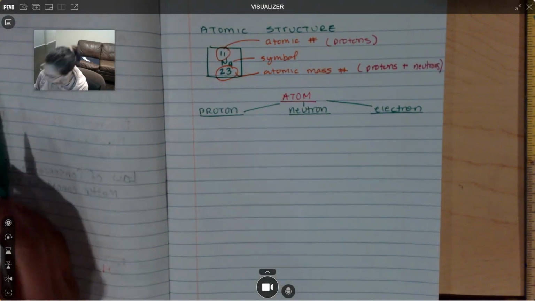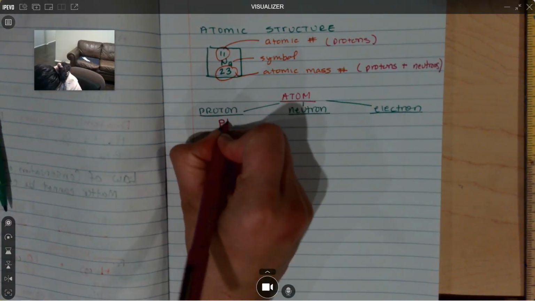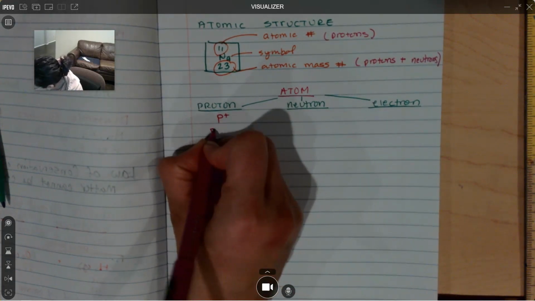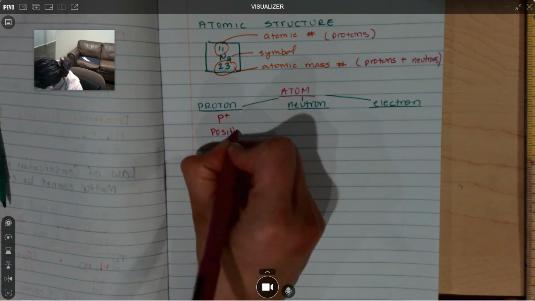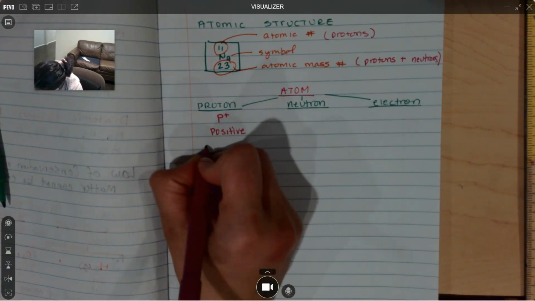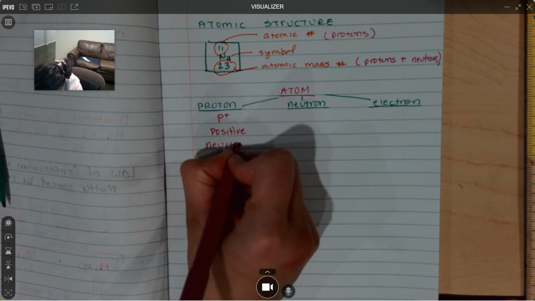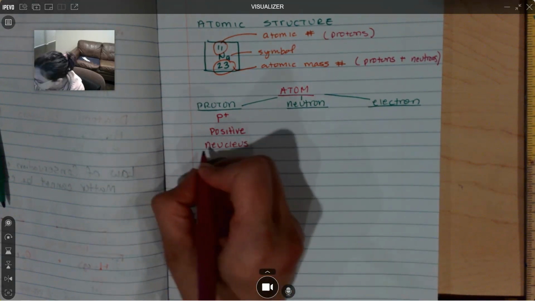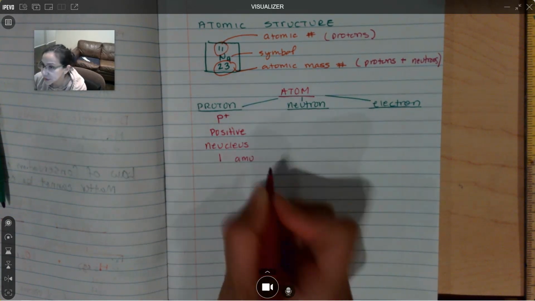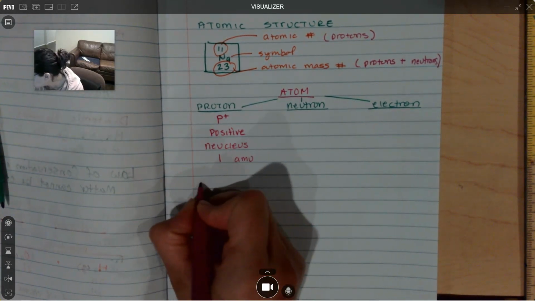All right, so protons, the symbol for a proton is P with a positive, and protons are positive. Okay, they have a positive charge. They are located in the nucleus, and they have a mass of 1 AMU. AMU stands for atomic mass unit.